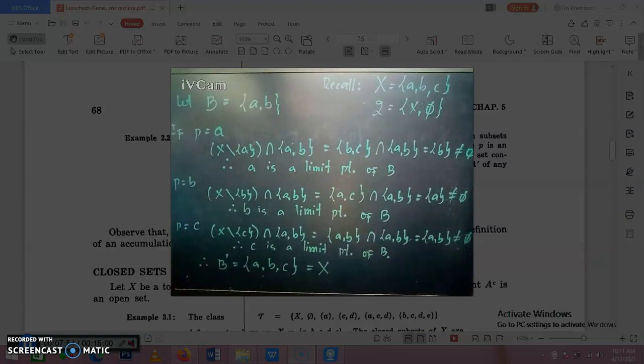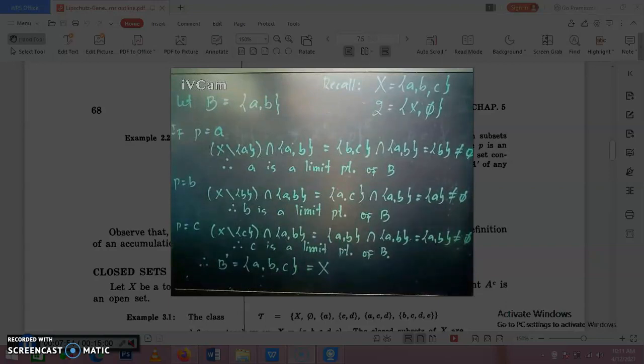Now for B, the deleted neighborhood of B is the set AC. Intersection with set B is of course not empty. Again, we only test this one because the open set containing B is X only, since we only have the indiscrete topology. Therefore, B is a limit point of set B. And for C, the same thing.